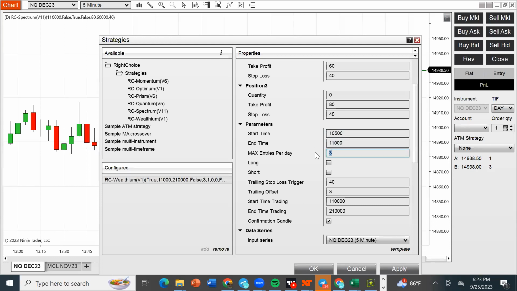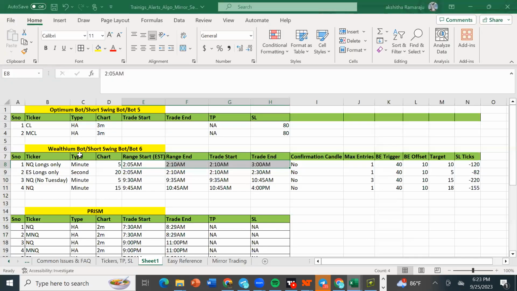So max entries per day, I will say 1. And it is long only, because you can see that it is NQ long only. Max entries is 1. Your start time is 2:05 to 2:10. It will look at overall market condition.